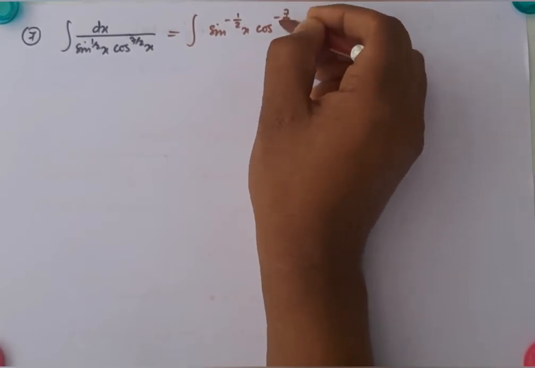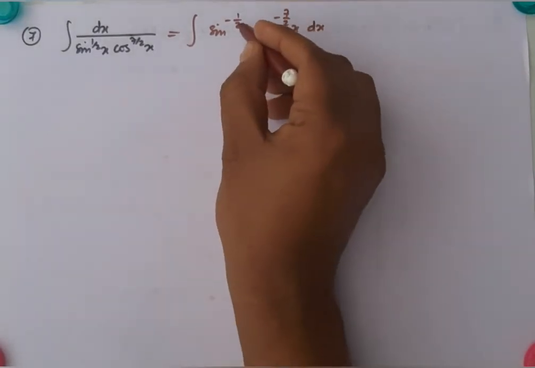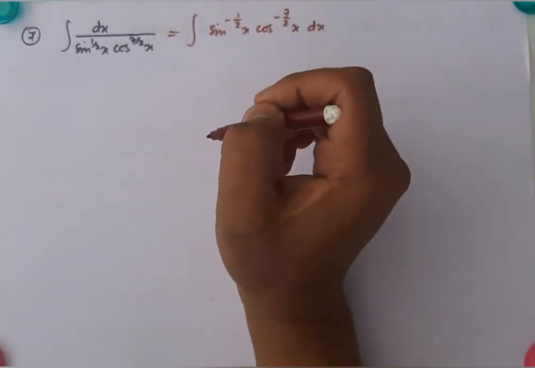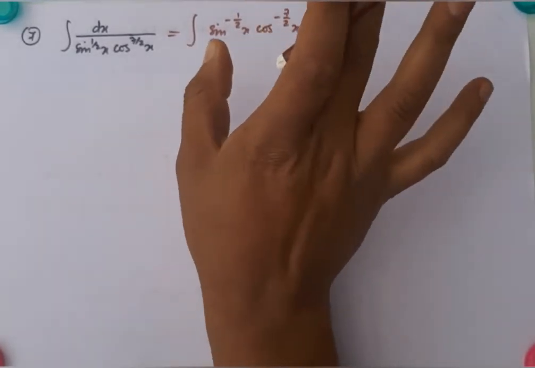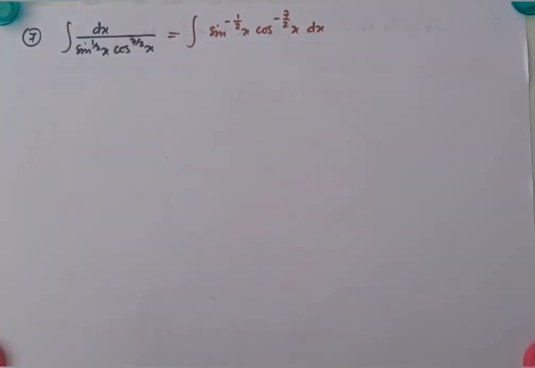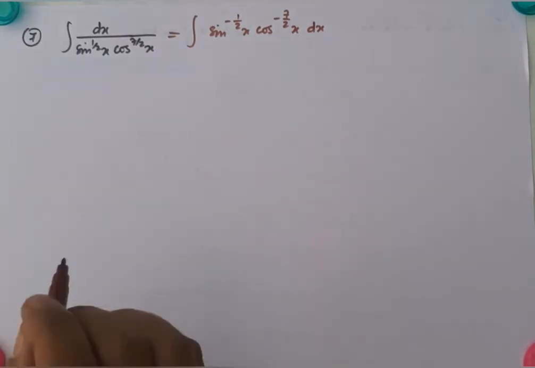So add them, you will always get a negative even integer. Why? Let's see. Because minus half minus 7 by 2 will always give you minus 4. Now it is negative, that's okay, and on top of that it is even also, because we have got the number 4, right? So in this case the rule says that put tan x equal to z.